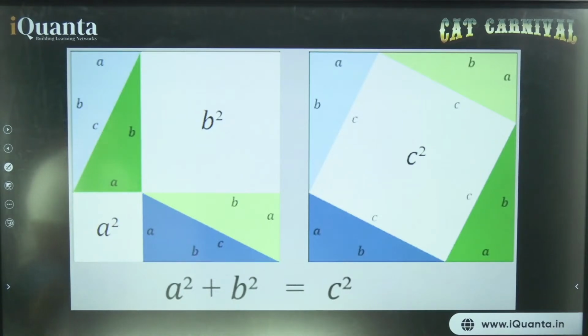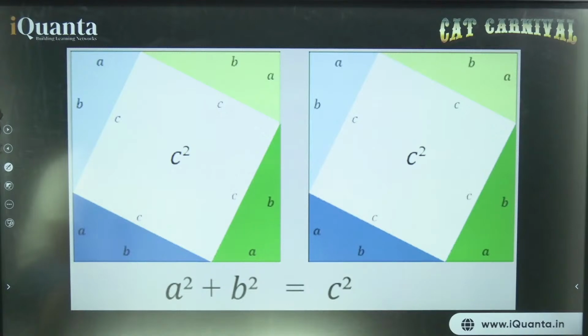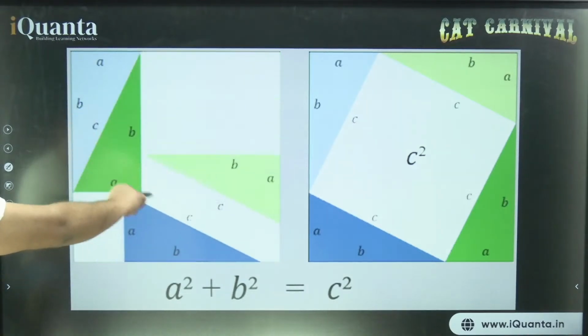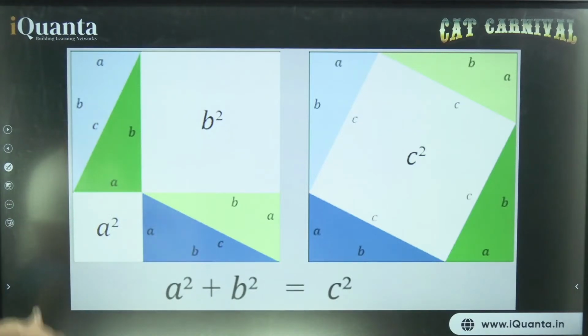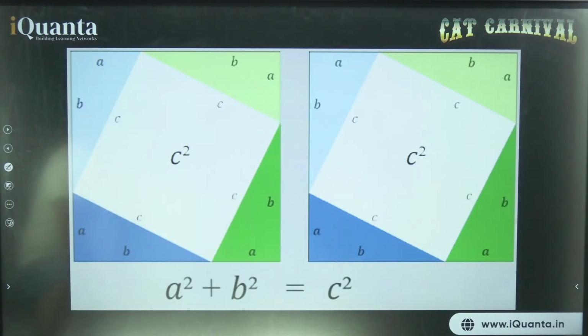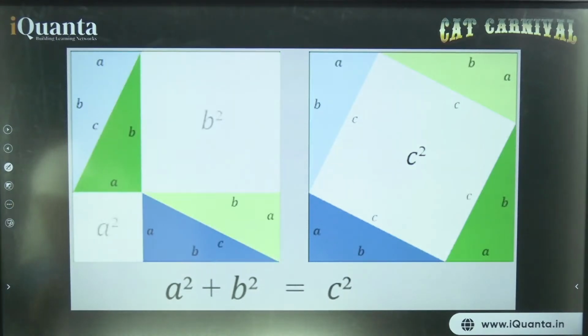In this GIF, what we can see here is that we get 2 squares, A square and B square, from the initial square, which was C square. Watch it again and you'll get to know.